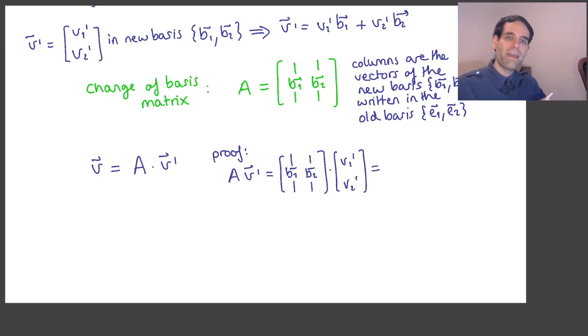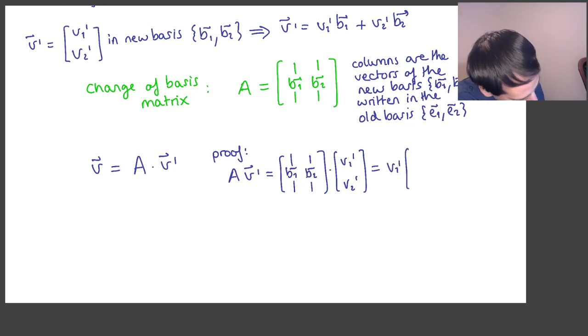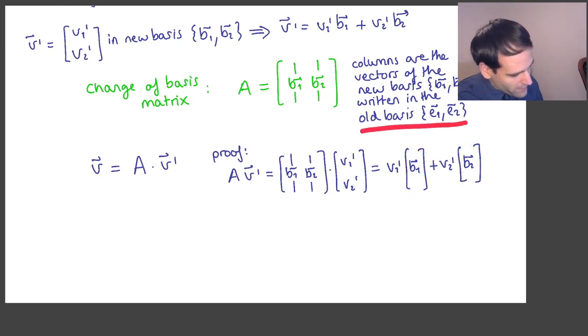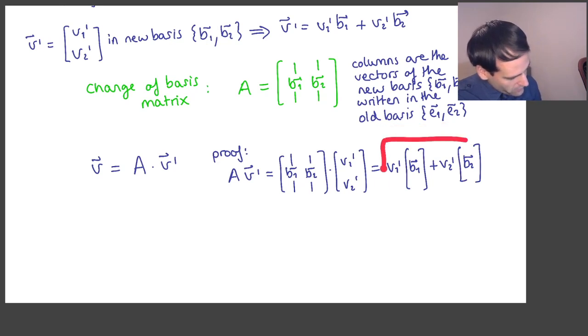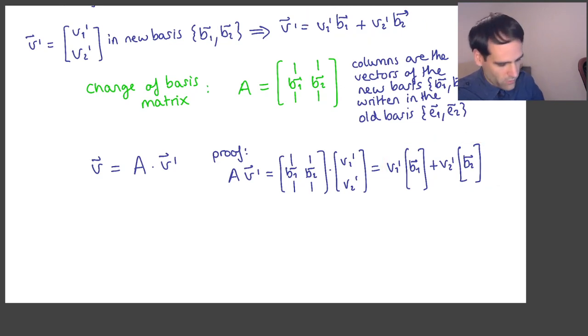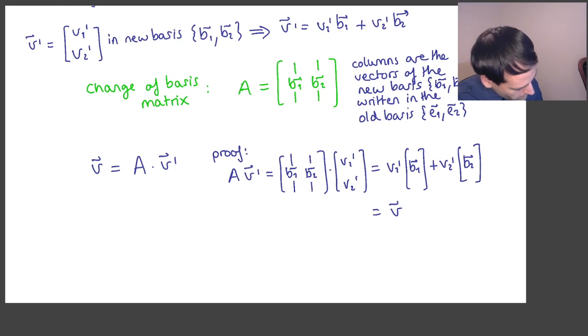So if you do a matrix vector multiplication, you can say that the result is v1 prime times the first column, which is vector v1, plus v2 prime times the second column, which is vector v2. And since these vectors v1 and v2 are written in the old basis, this expression here is simply the linear combination that we want. So this is equal to v written in the old basis.